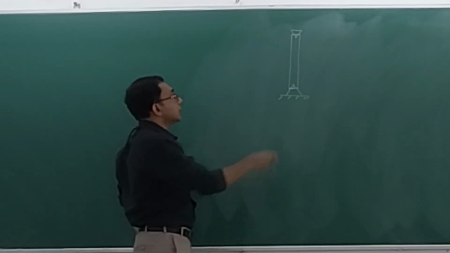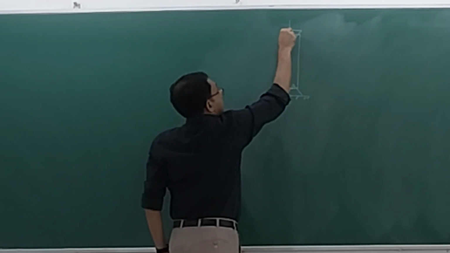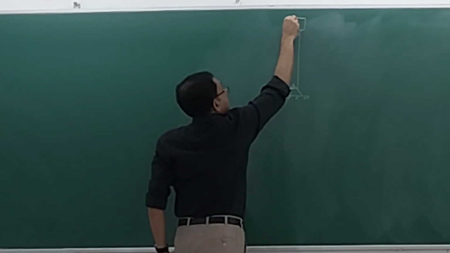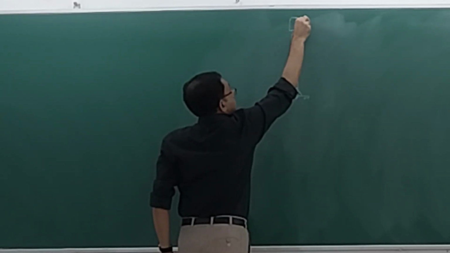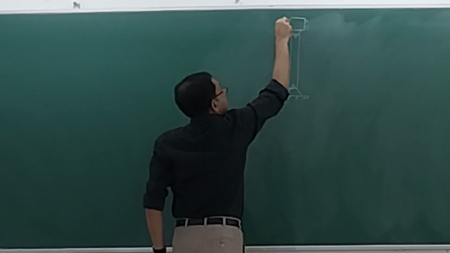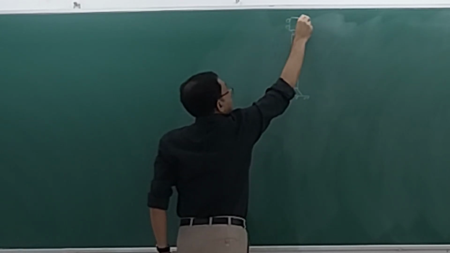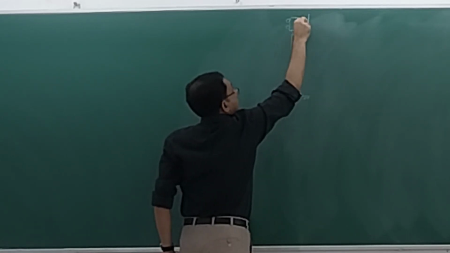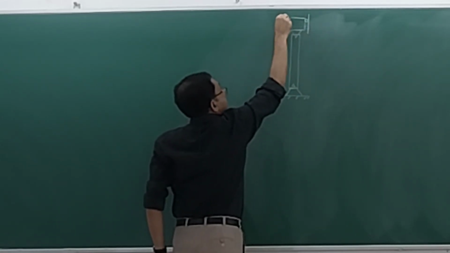So the little trick that I will do here is to put some kind of a block such that that block will be attached to some rollers, and those rollers will be rolling over these kinds of vertical things.